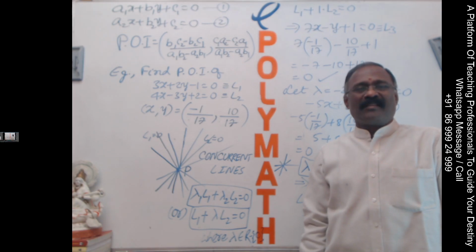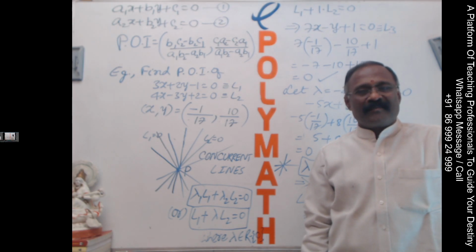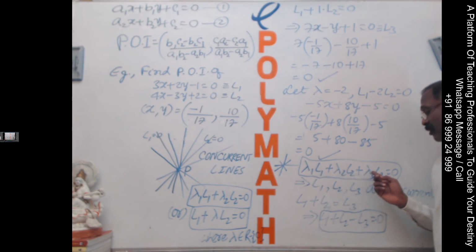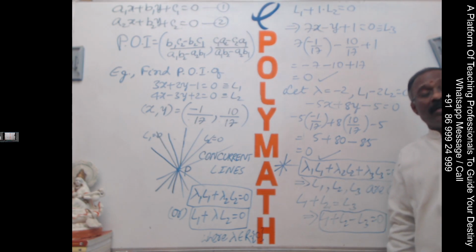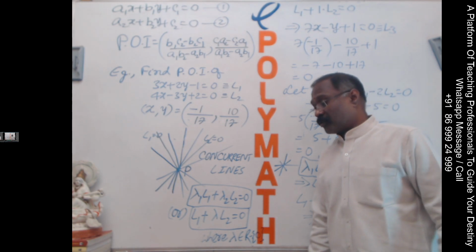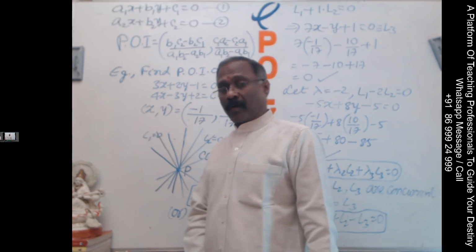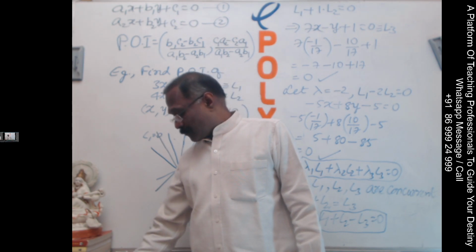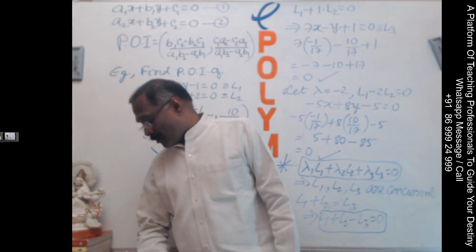Similarly, circumcenter. Similarly, incenter. So, if three lines are concurrent, then there exists a linear relation such that lambda 1 L1 plus lambda 2 L2 plus lambda 3 L3 is equal to 0. You will get this type of linear relation in vector algebra also. Okay, that's about the set of concurrent lines.